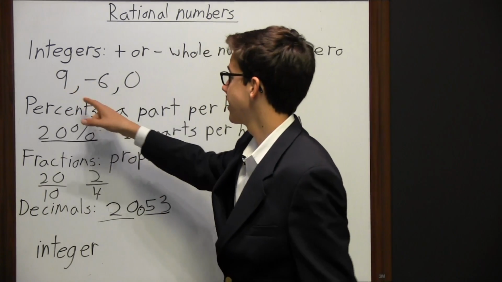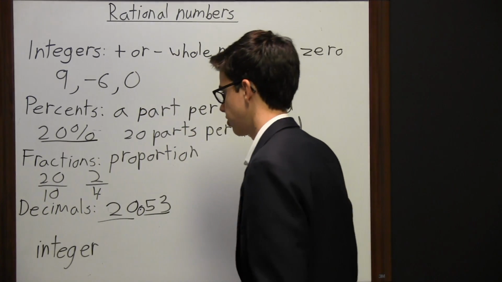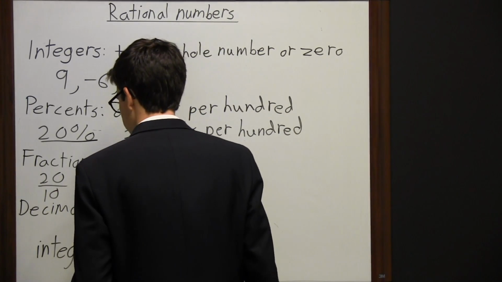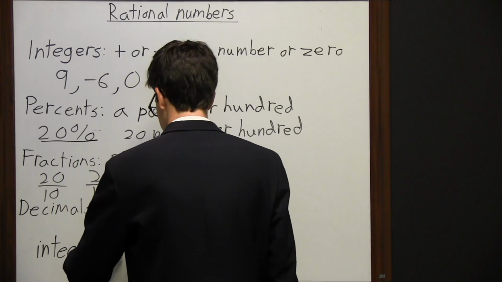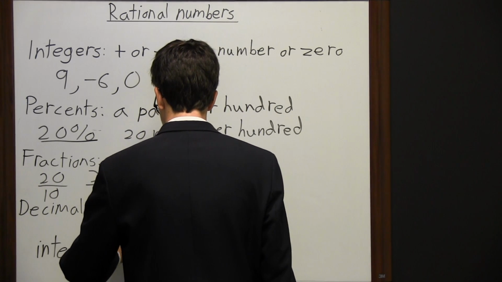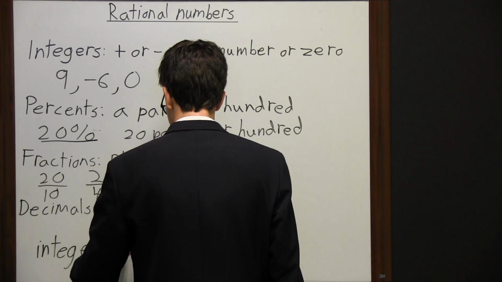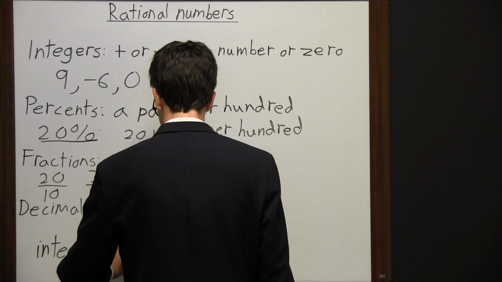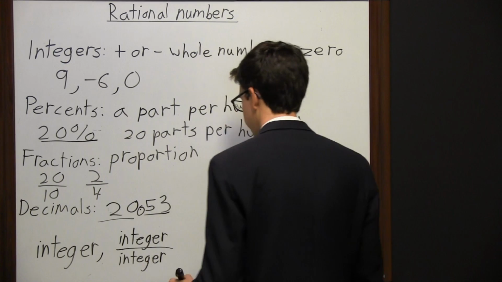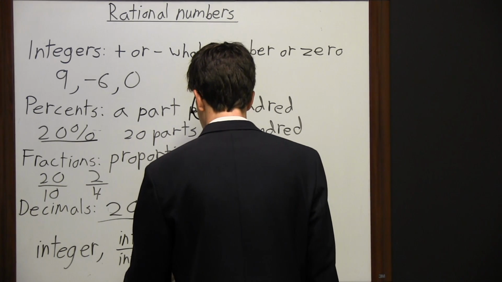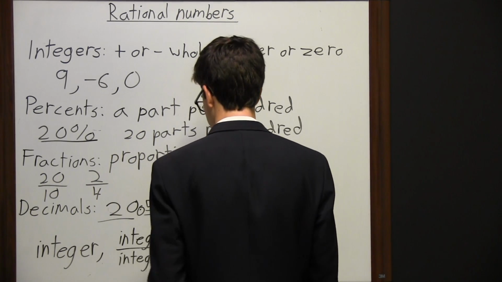If it's a number like 9, -6, 0, it's always going to be a rational number. It gets more complicated when we come to fractions and decimals. If it's a fraction, it has to be an integer divided by an integer. And this integer cannot equal 0.